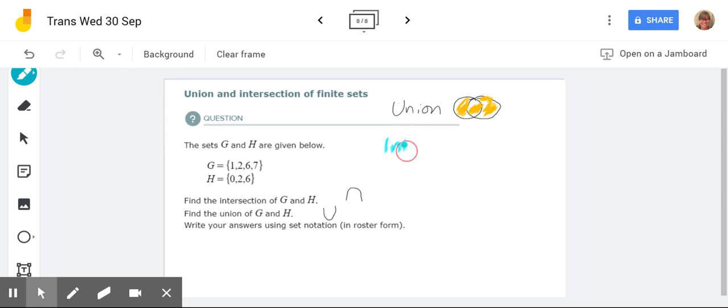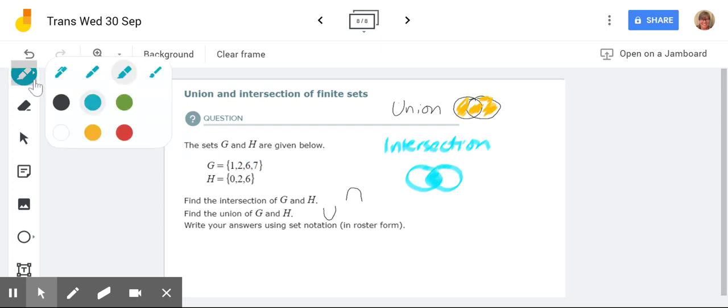Intersection. I'm just rolling with this at this point. I'm so tired of fighting with this. Intersection means take what they have in common. So in this case, the union of these two sets is just list all the numbers.